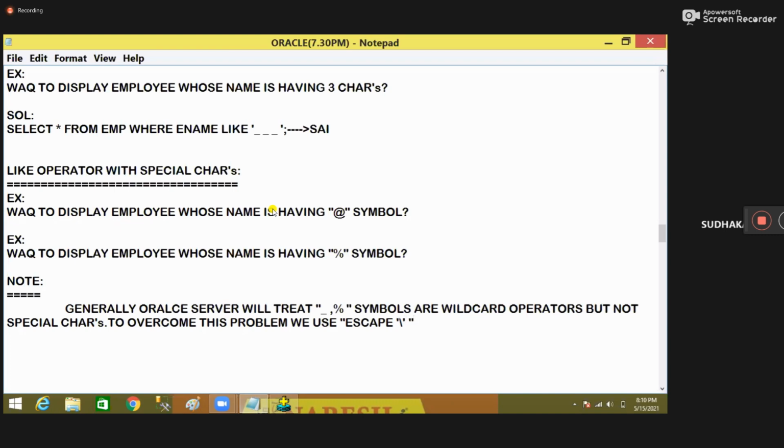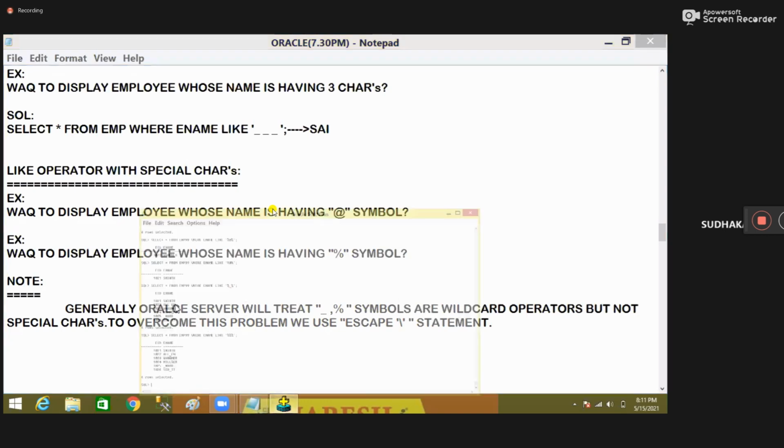This is one special statement I am using, and I need to use it here. With the help of the escape slash statement, I can avoid this problem, whatever the operation we are performing based on underscore and percentile. Let's see how it is overcome.